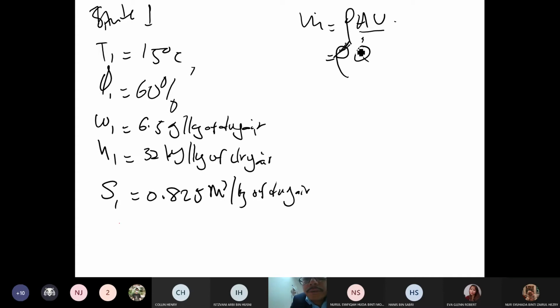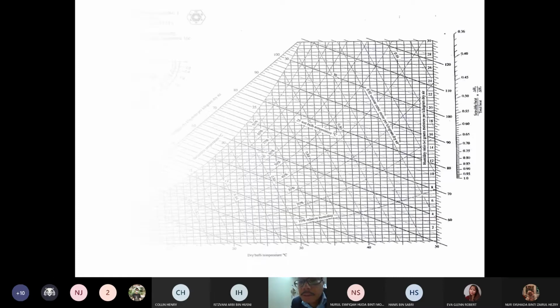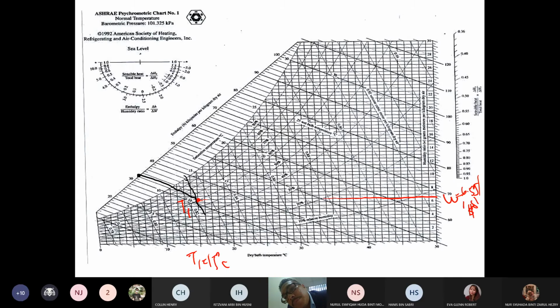Q dot multiplied by rho, and this is the volume in cubic meters per kilogram of dry air.